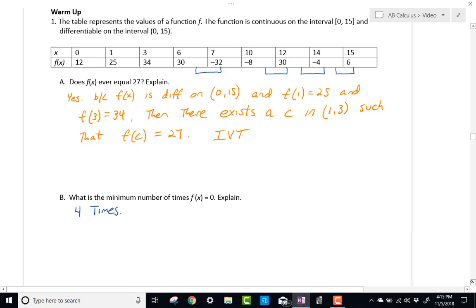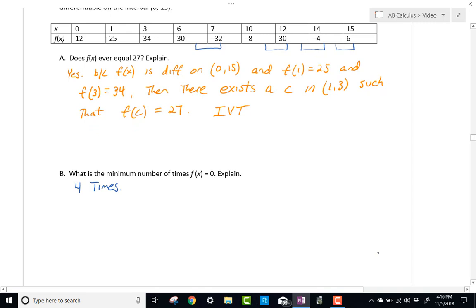Alright. So the reason we know this again, we have to start out with the fact that f of x is differentiable.